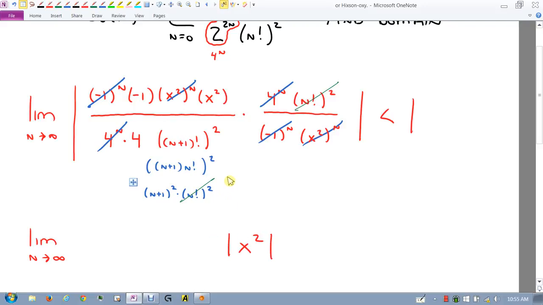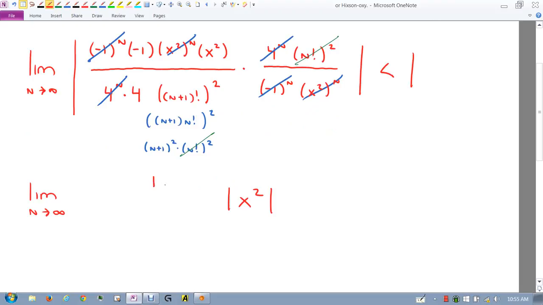And then that means I still had a 1 on top, didn't I? And then what was on the bottom? I had the n plus 1 squared, right? And a 4, didn't I? So 4 n plus 1 squared. Yes? I want that to be less than 1.